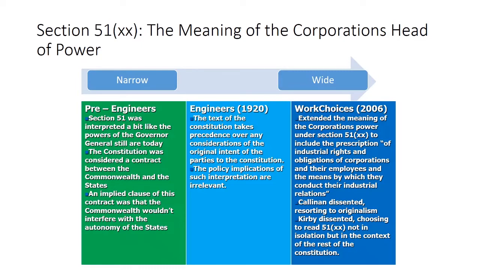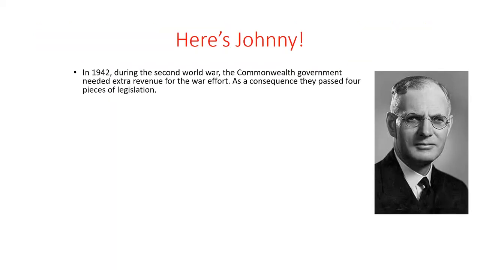So a massive expansion of what the corporations power meant from previous cases. And this, of course, meant that the WorkChoices legislation made by John Howard was declared to be constitutional. So massive news there for federalism.